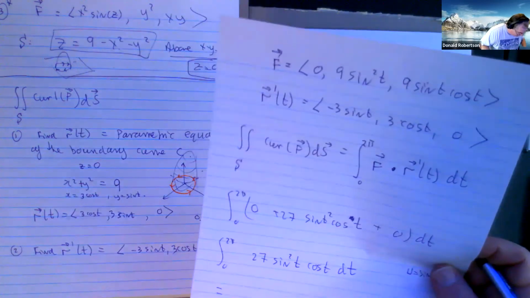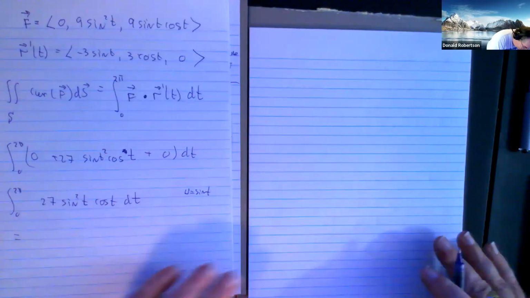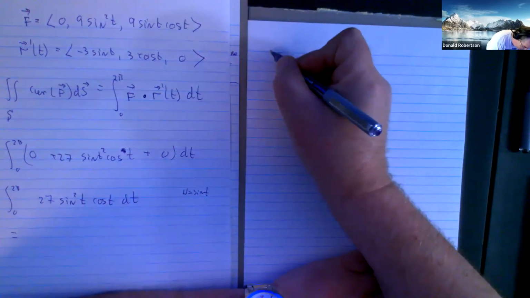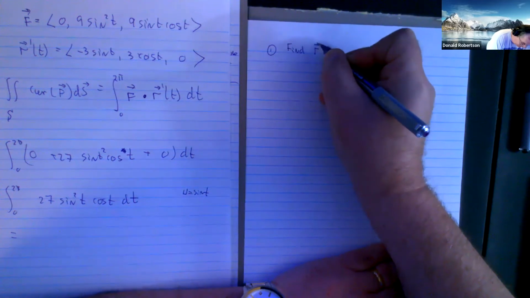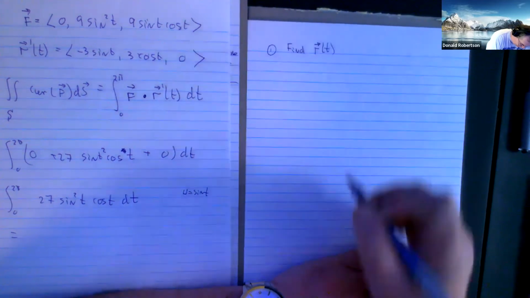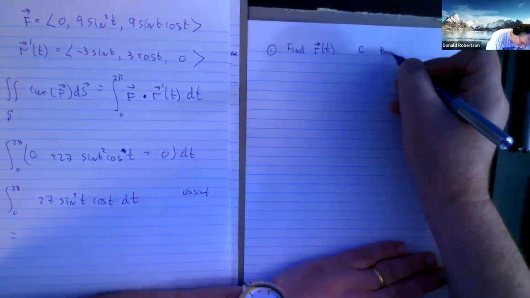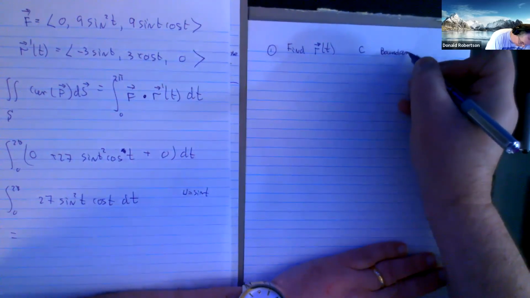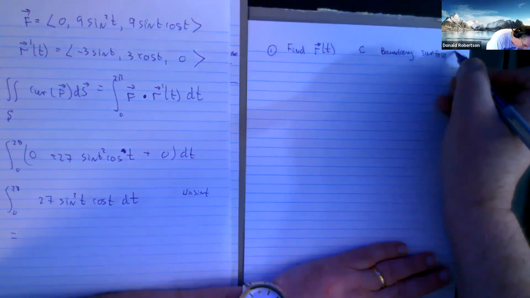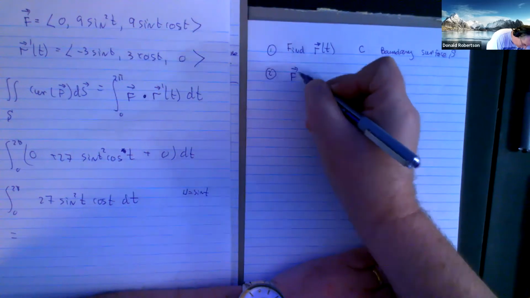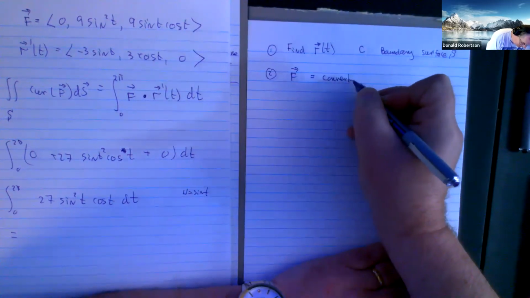Right. So a kind of hit list of what we're going to do. First thing I'm going to do in the next question is find out who r of t is, right? That's the curve C, and it's the boundary of the surface S. Second thing I'm going to do is take F and convert it into t's.